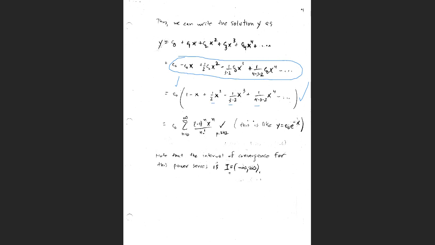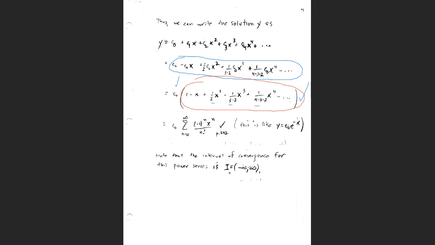And so I have my infinite power series, the first 5 terms of it written out here, but I can then write it in condensed form now that I know the pattern.